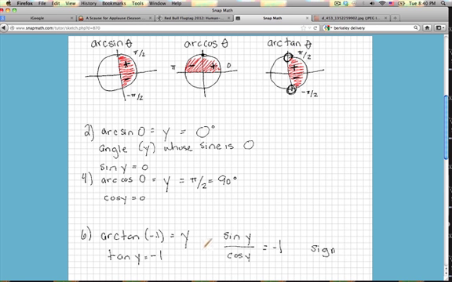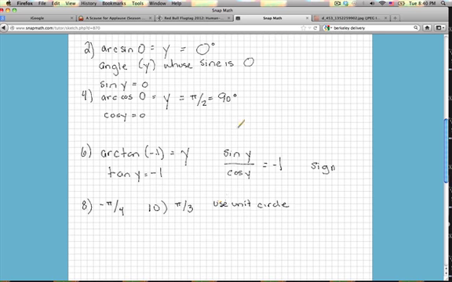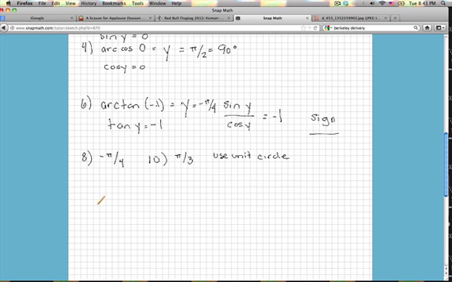Here we have a negative number, so we're going to be using the negative quadrant. So the answer here is going to be -pi over 4. Again, I got this utilizing the unit circle and looking for the place where sine and cosine were the same number but opposite signs. So you should be able to do 8 and 10 on your own now.